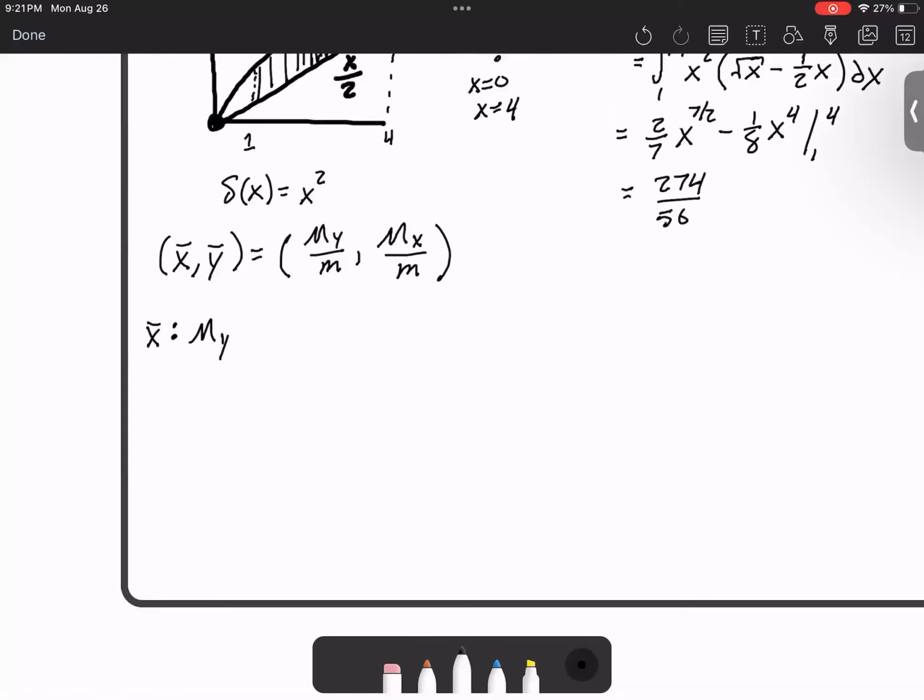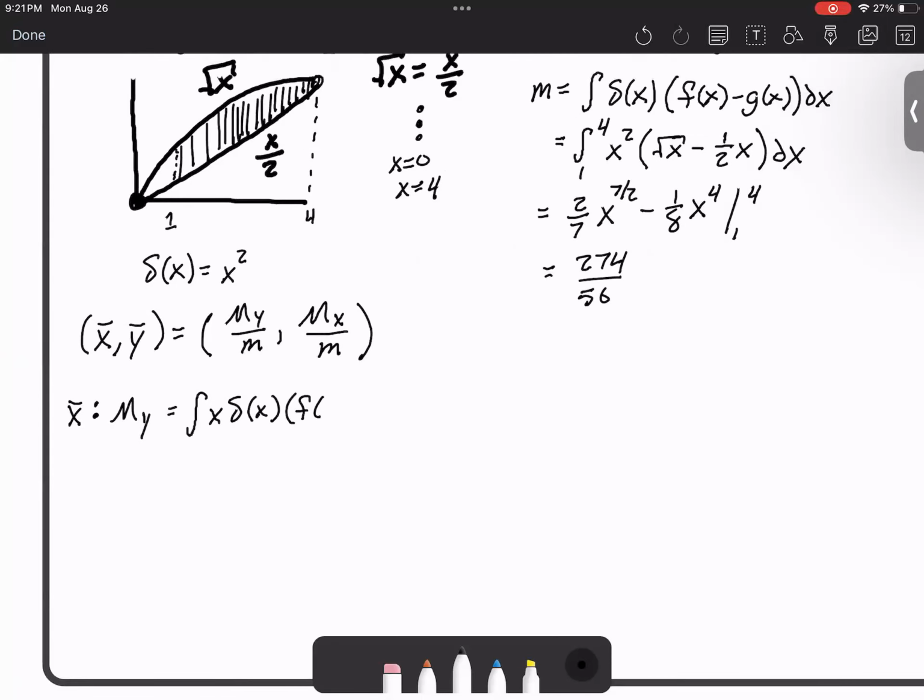Now, back to our moments. The x-coordinate requires a moment in the y direction, which we obtain by integrating x times the density function times the difference in the two curves, f of x minus g of x. We will integrate from 1 to 4. X times my density function, I have a total of x cubed. Top curve, square root of x.